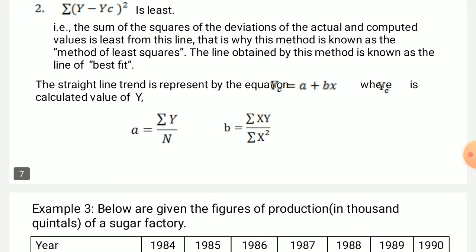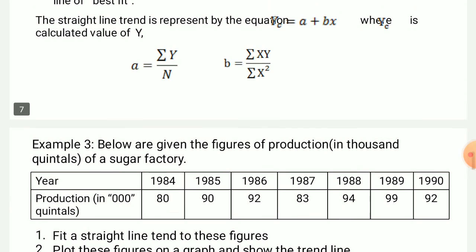These constants can be found using the equations a equals sigma y by n, and b equals sigma xy by sigma x square.